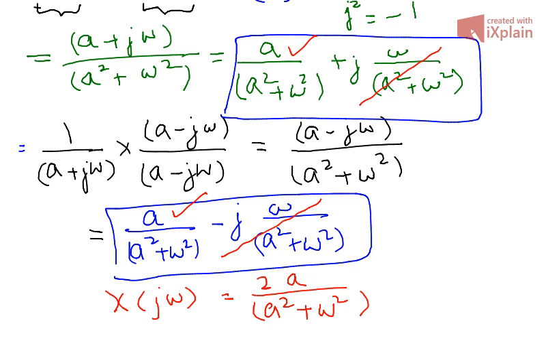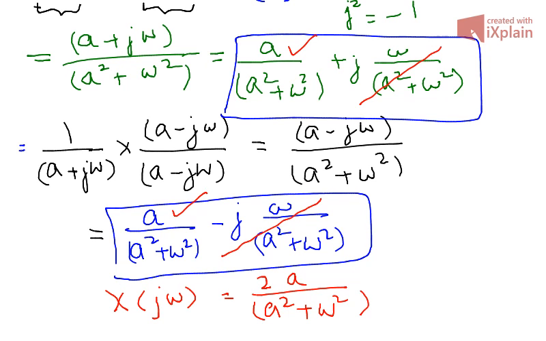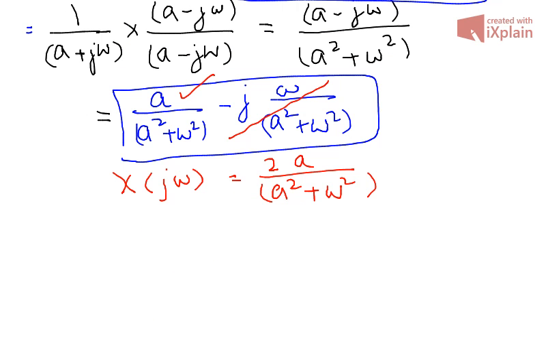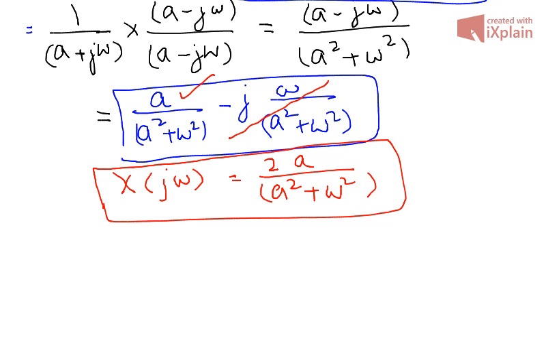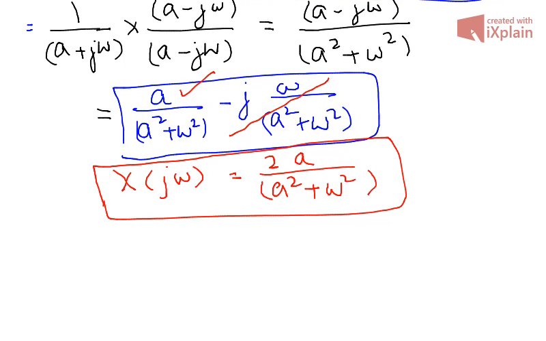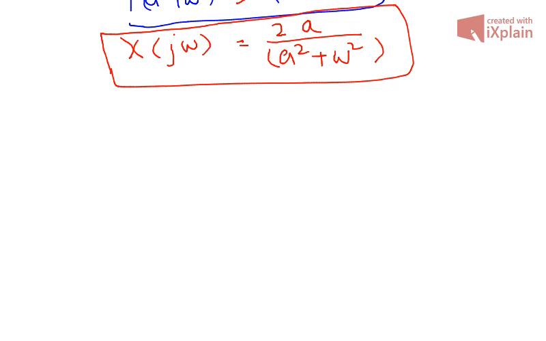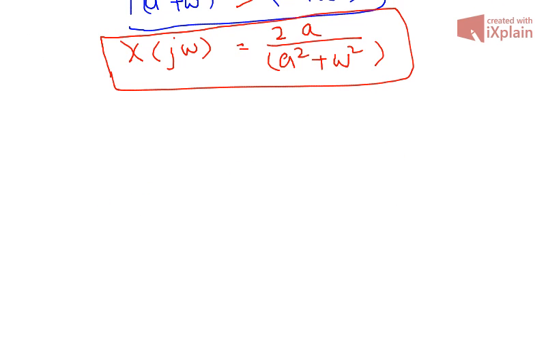Now we just rewrite our transform, which is given by this expression x of j omega. Once you compute your Fourier transform, you can draw it.